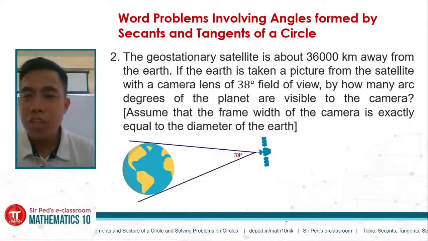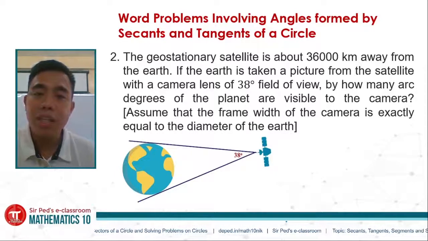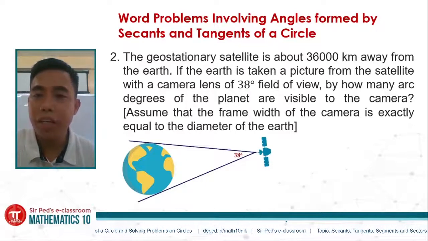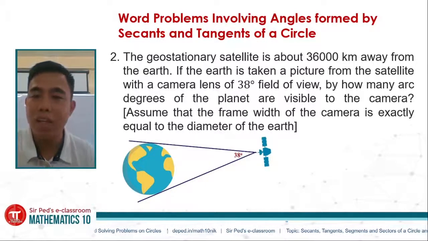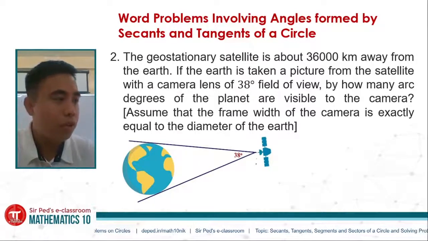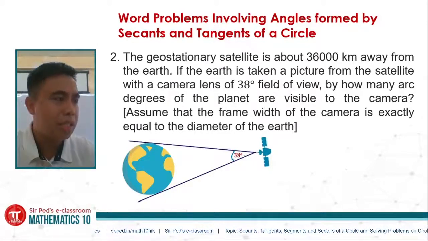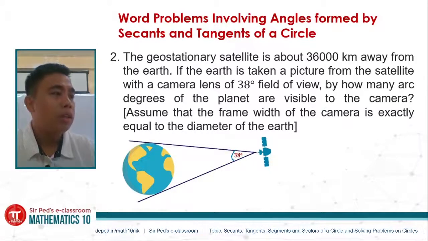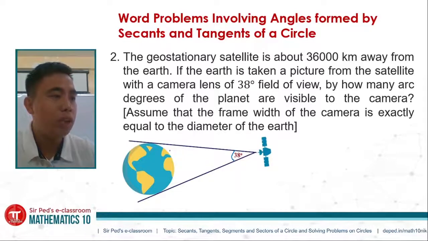Okay, let's have the last example. The geostationary satellite is about 36,000 kilometers away from the Earth. If the Earth is taken a picture from the satellite with a camera lens of 38 degrees field of view, how many arc degrees of the planet are visible to the camera?